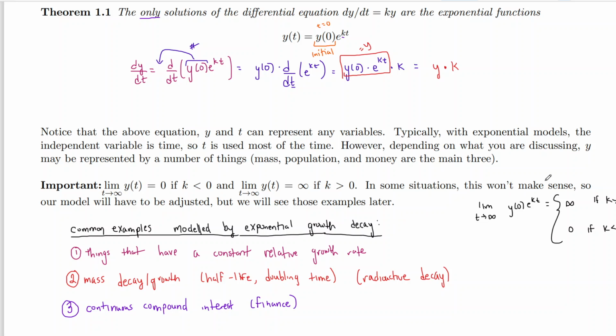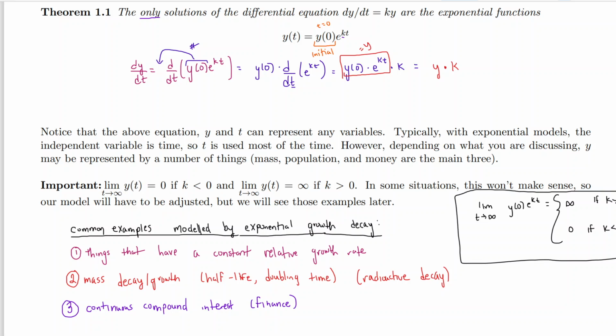Money is growing in a bank account, then it's going to shoot up to infinity if it could go on forever. And in theory, that makes sense. And if k is negative, like exponential decay, you could think about radioactive decay. Eventually, the amount of mass goes to zero. So that's an important aspect of these formulas. And if you want to, actually, I can go ahead and do it.